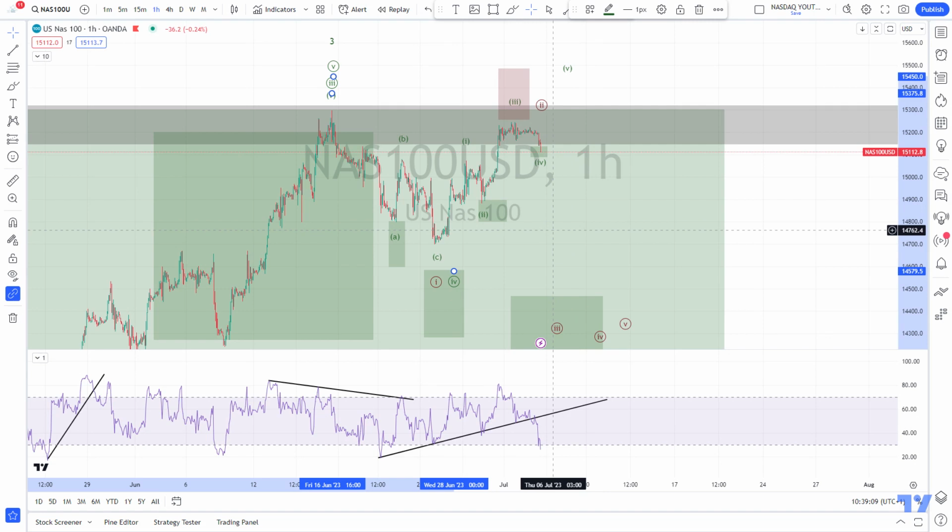Elliott wave is something very complex, and I can imagine a lot of people that are new to my channel are also new to Elliott wave. So I really try to stick to the most simple structures, which is the 5 waves up, the impulse, and then the zigzag ABC correction.